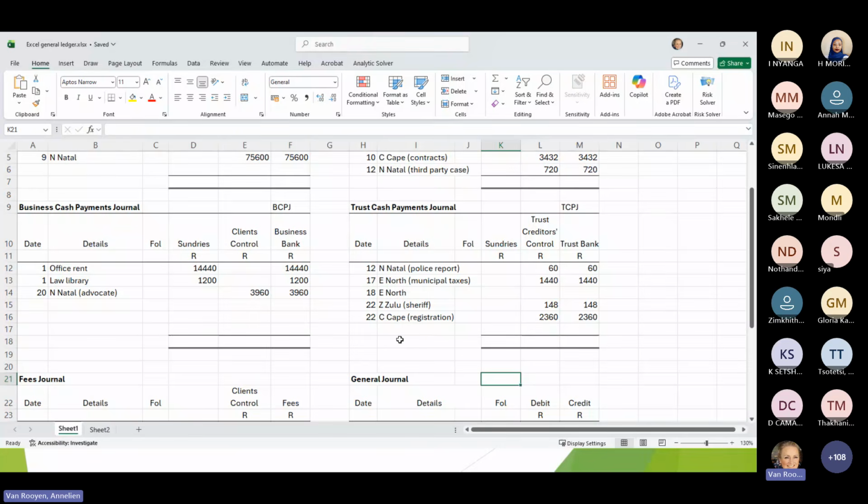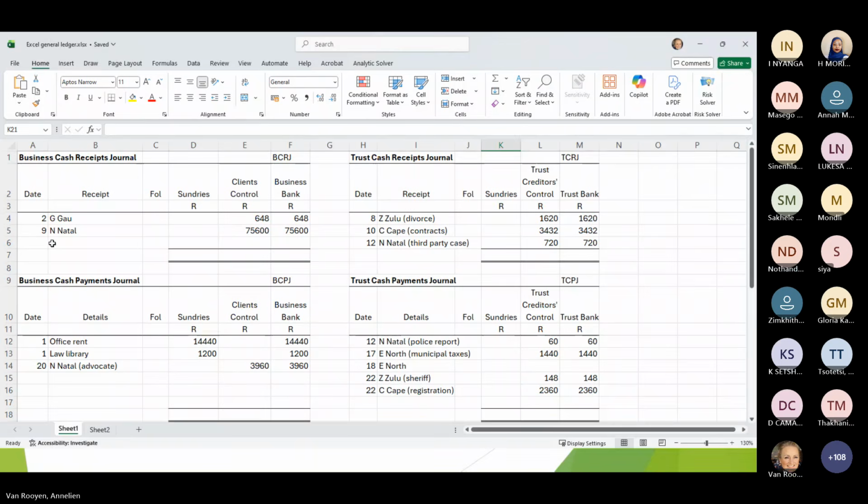Business cash receipts on the 28th. Rent received or office rent, whatever. And that must be sundries. Do you agree? Because it's nothing to do with the client. It's our own business income.